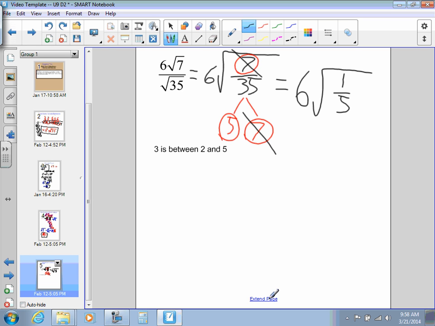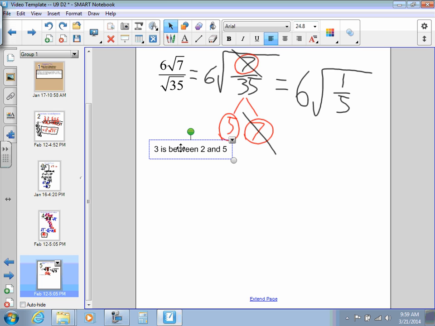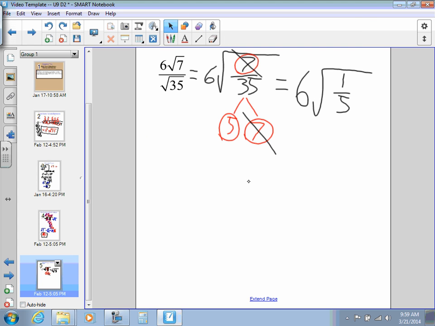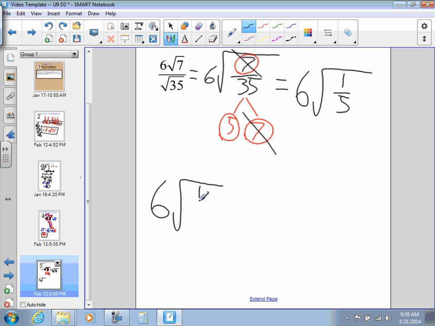Okay, so let me bring this down here. Let me get rid of that. Okay. So now let me rewrite it here. 6 times the square root of 1 over 5.